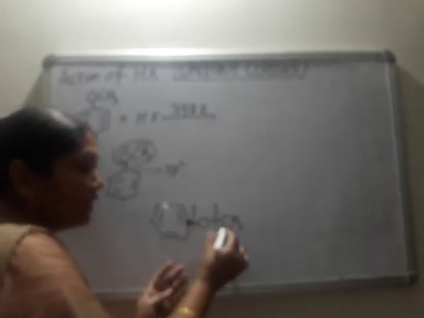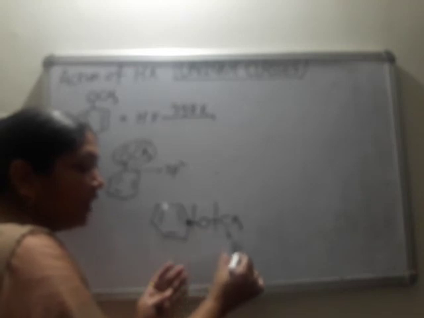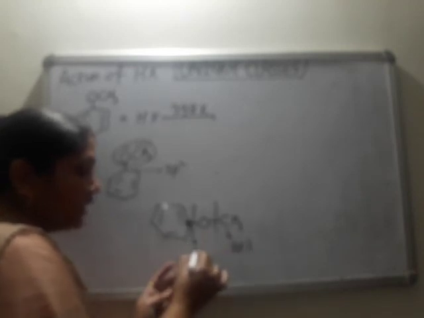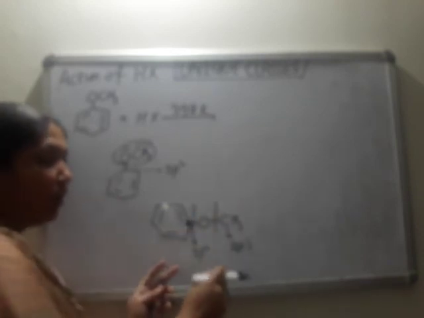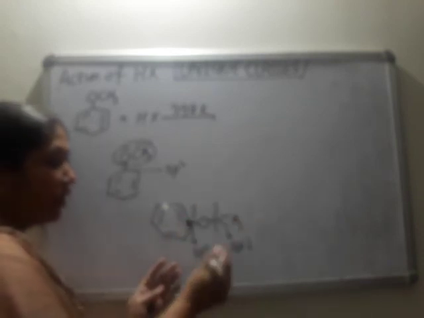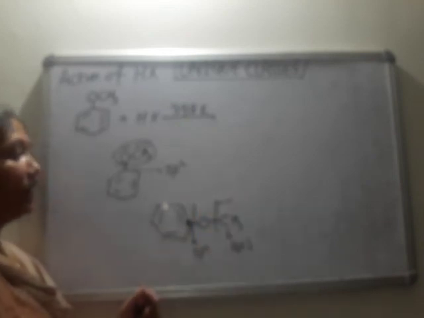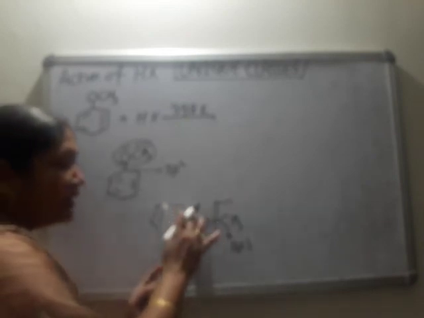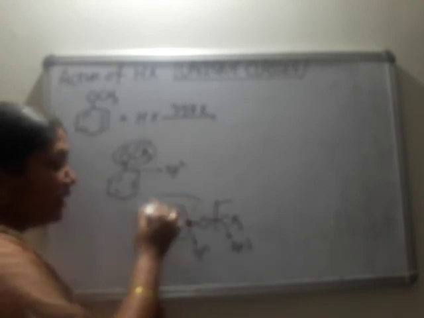And in this bond, this carbon is sp3 hybridized, this is sp2 hybridized. So this bond is short, this bond is long. Long bond means weak bond, so it breaks quickly. So this O remains attached to the phenyl ring.